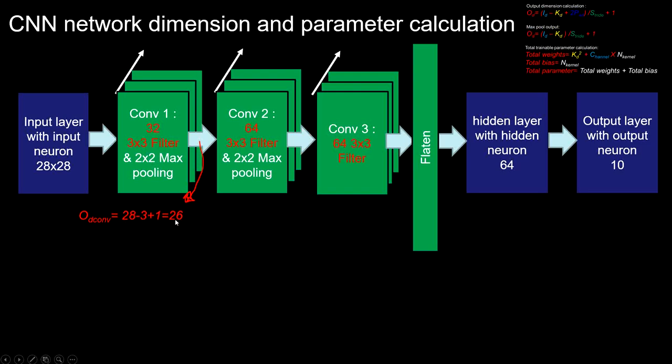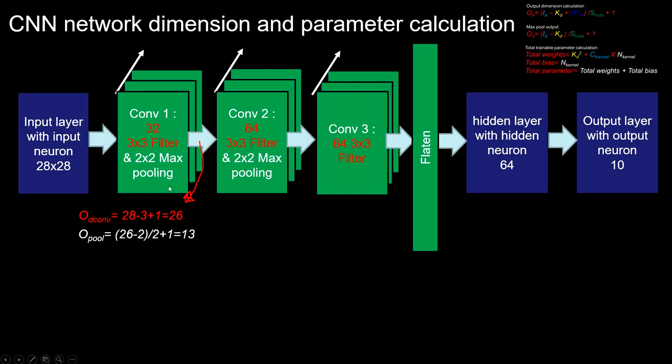So after you perform the convolutional process for the first layer, your output dimension will be 26 times 26. Next, you implement the pooling with 2 by 2 filters. So your input of the pooling will be 26, minus the kernel dimension of your max pooling, which is 2.